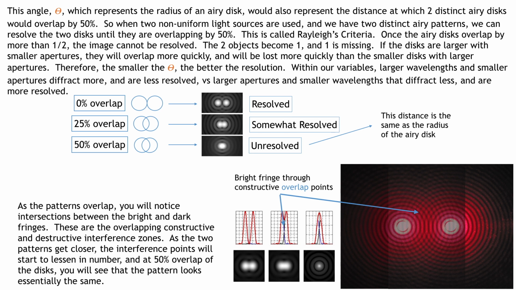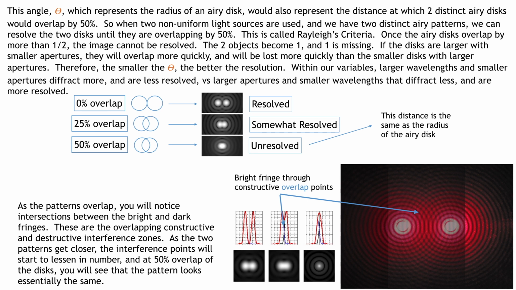So if the disk gets larger as we make the aperture smaller, they overlap more quickly and are lost more quickly than the smaller disks with larger apertures. Therefore, the smaller the angle, the better the resolution. Within our variables, larger wavelengths and smaller apertures diffract more and are less resolved, versus larger apertures and smaller wavelengths that diffract less and are more resolved.